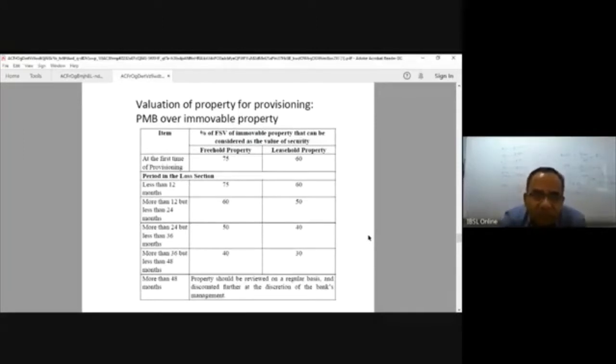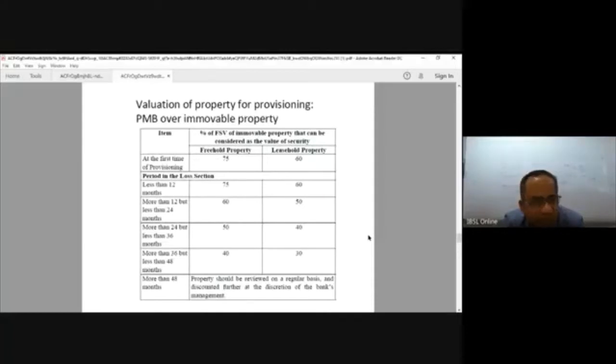So the immovable properties can be freehold property or leasehold property, right? At the first time of providing, when you're doing the provision, you can take 75% of the sale value of a freehold property.